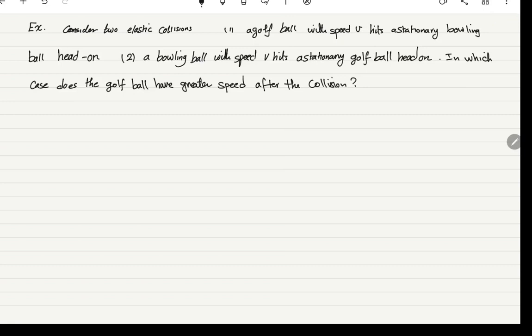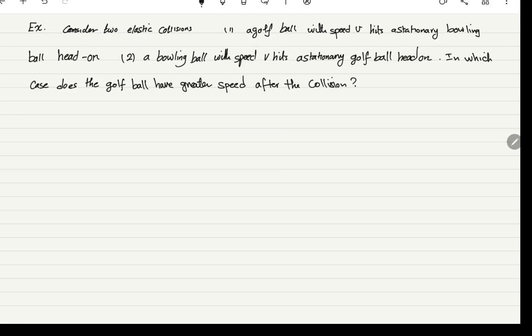Now to answer this, remember the relative velocity has to be equal before and after the collision. In the first case, where the golf ball with speed v hits a stationary bowling ball, the small ball hits a large one head on.